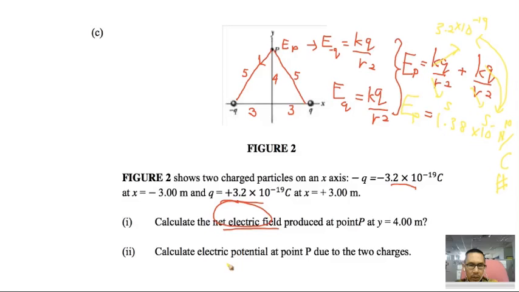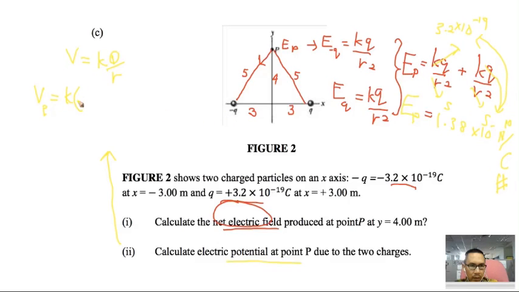And number 2, calculate electric potential. The equation for electric potential, V, is equal to kQ over r. So V at P comes from the negative Q and positive Q. So V at P, the potential at point P, is k.